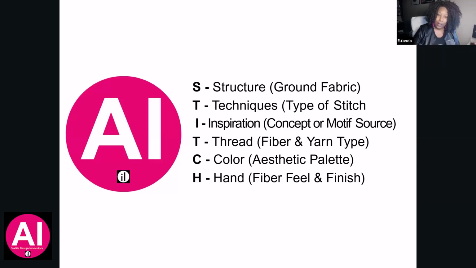I thought that would be kind of fun for us to look at. So the structure is the S for the ground fabric. The T, that's techniques, is for the type of stitch. The I is for inspiration, so the type of concept or motif source that you're using.